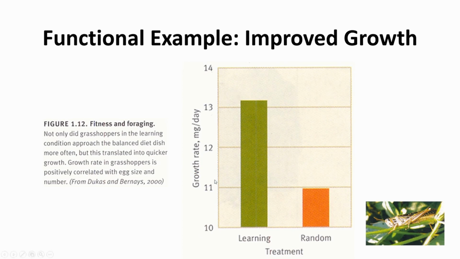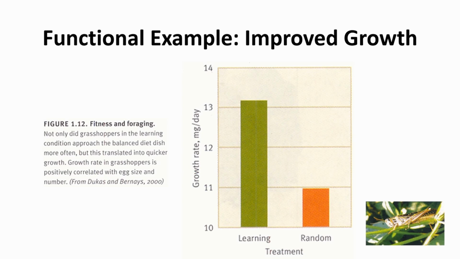So having that knowledge and being able to use that knowledge is beneficial in a bunch of different ways. Another very, very cool experiment, especially because we're looking at such a small, short-lived insect. When I started out studying learning, I hadn't expected much of what we would have called, quote-unquote, simpler organisms.